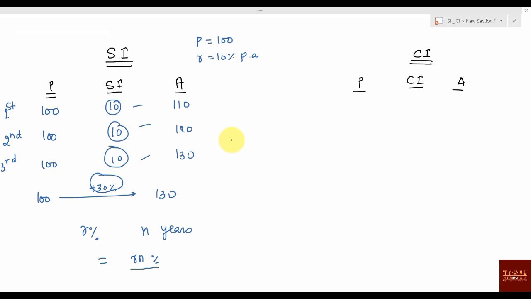And if somehow your mood is not good that day, you'll miss those details and your question will be wrong. That is the reason I don't follow the formulas, and that's why I've started the series Formula Free Maths. Because once you are clear with the logic, then you don't have to depend on the formulas, and logic will never go wrong. Formulas might, because you may forget the formulas.